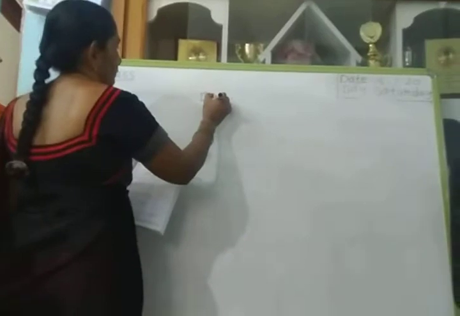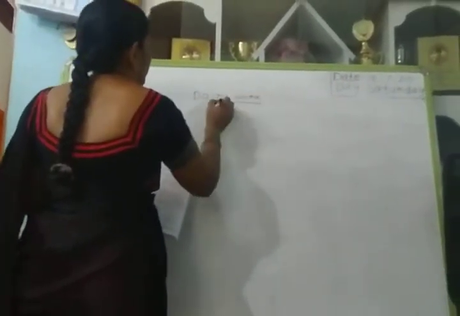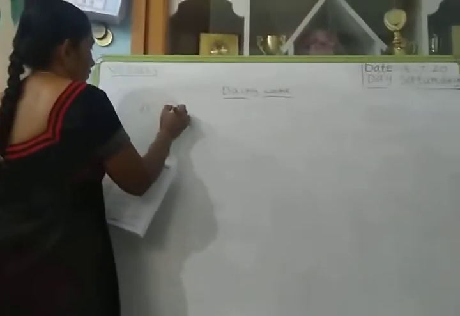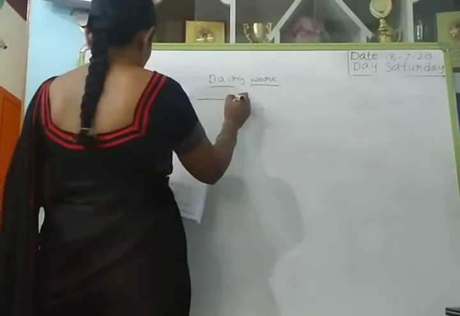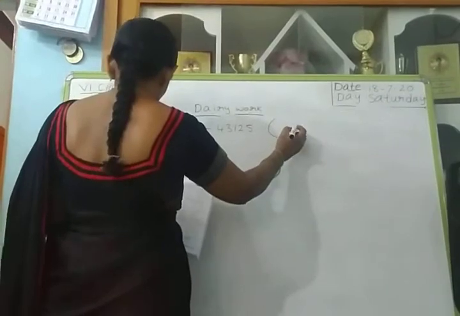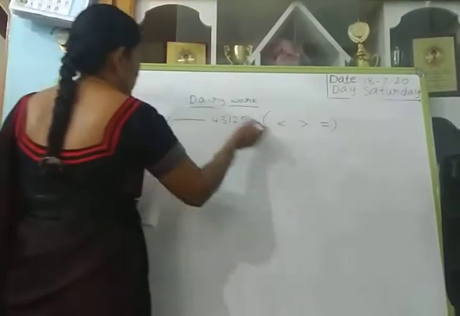Diary work. Sixth question. 57,340 dash 43,125. What do you have to use? Less than, greater than or equal. Which is suitable?